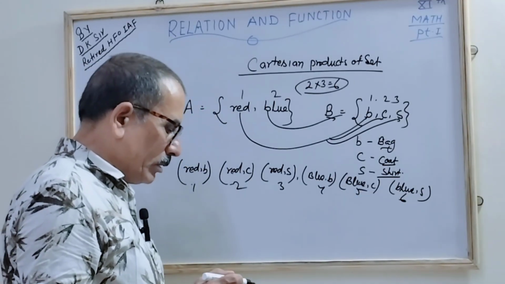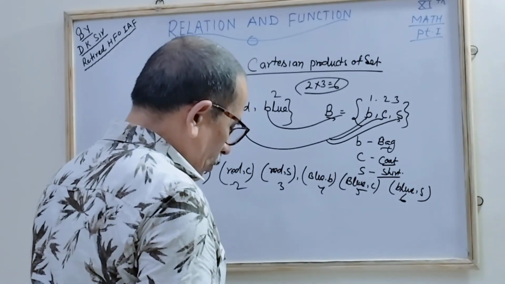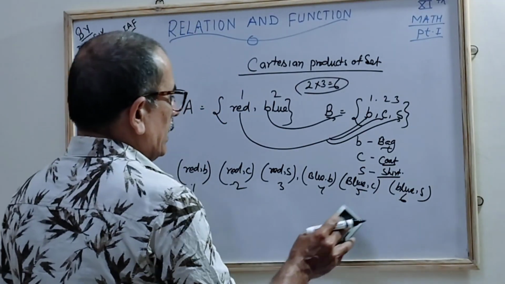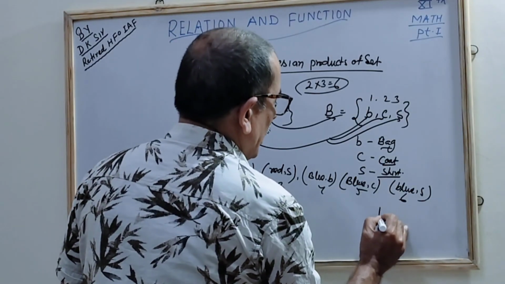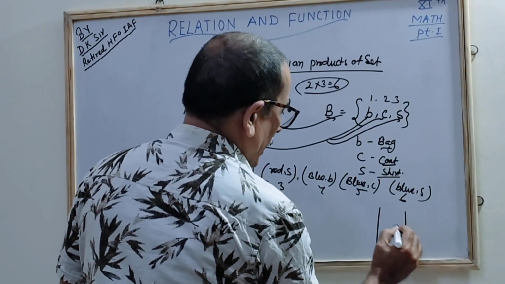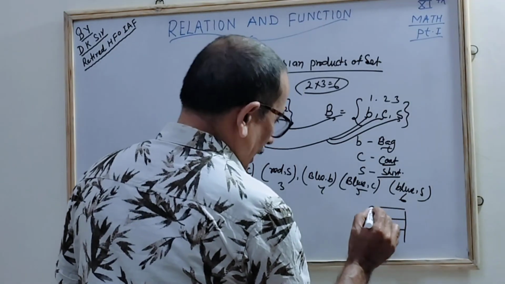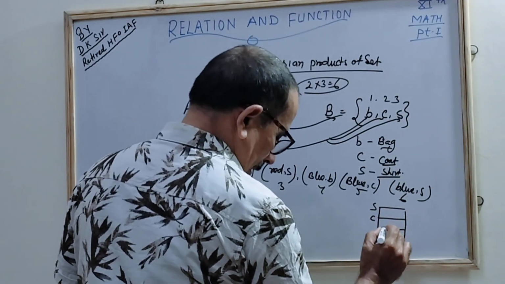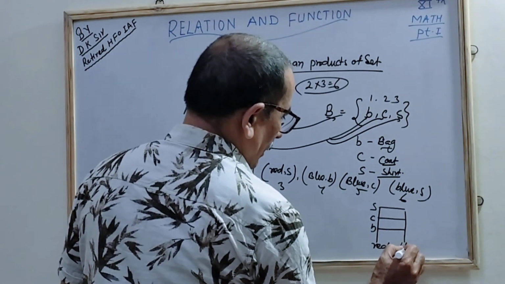This can also be denoted by a picture. In the picture, how can you write it? In the book, they have shown how to do it. They are making it like this, okay, and they will make the 1, 2 and the 3 are there. That is the S, C and the B is there. They will take the red and the blue, correct?